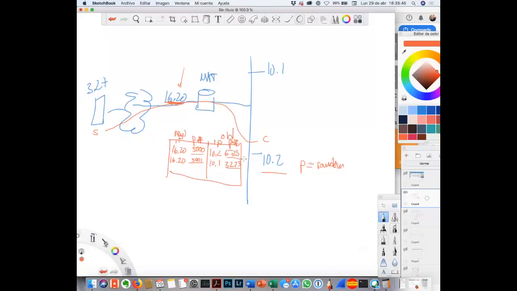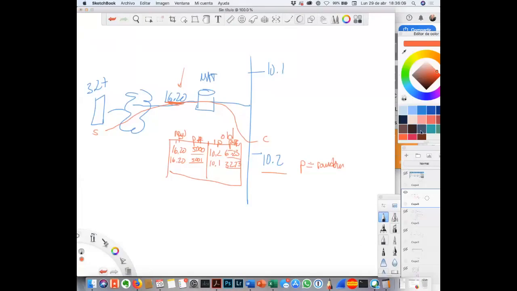So this works great as long as it doesn't matter to the server on the left whether you show up with port 6523 or 5000 or 5001 or 3273. If it doesn't care, then this works great. The problem comes up if you are obliged to use a well-known port number on the client side as well.